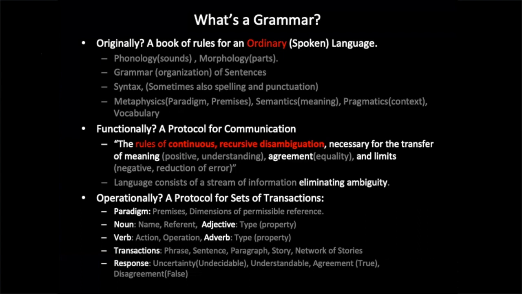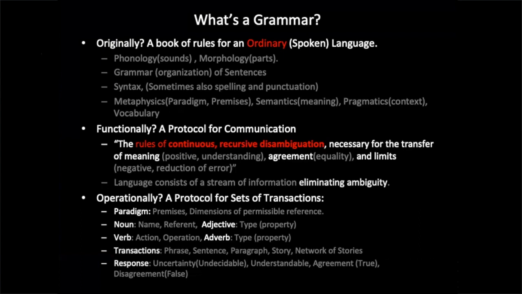We have to handle the problem of semantics, which is what's the meaning or truth, and then pragmatics, which is context. So a grammar contains all of these, but functionally, it's a protocol for communication. It's the rules of continuous recursive disambiguation necessary for the transfer of meaning, obtaining agreement on it, and its limits or due diligence.